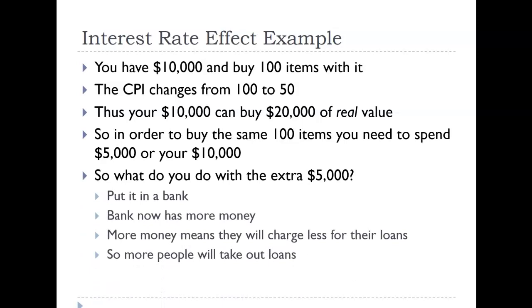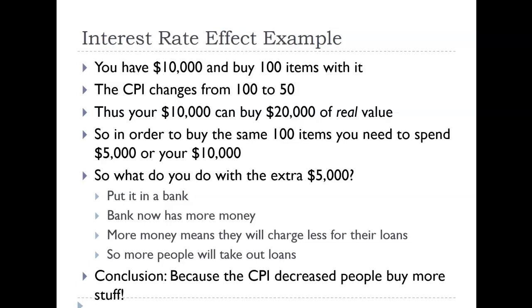So what do you do with the extra $5,000? You put it into a bank. Well, the bank now has more money. More money means they will charge less for their loans, so more people will take out loans, and if people take out more loans, they spend more money. So again, the real interest rate effect definitely goes both ways, even though we mostly talk about it from the point that interest rates increase.